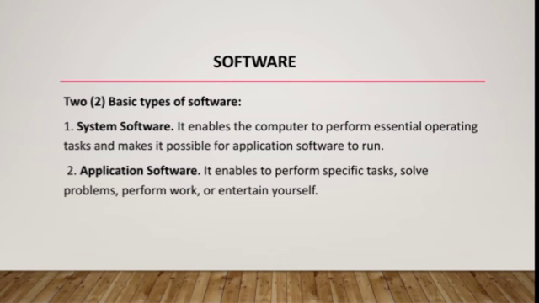So basically, ito yung gumagawa ng paraan para mag-execute yung application software. Ang example nito ay Firefox or yung Mozilla Firefox, Safari, and Chrome. Application software, on the other hand, enables to perform specific tasks, solve problems, perform work, or entertain yourself.